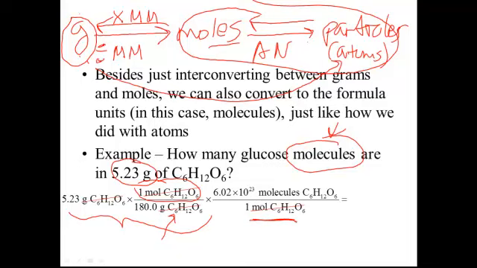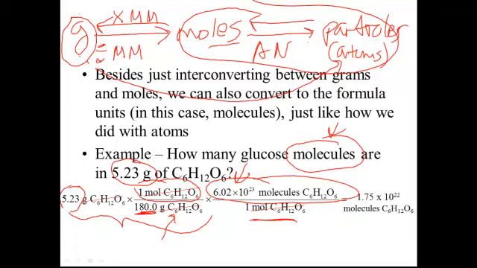Now a mole is equal to 6.02 times 10 to the 23rd, in this case, molecules. When we do our math, we take our first number, 5.23, divide by 180, and then multiply by 6.02 times 10 to the 23rd. If you've done it correctly, that's the answer you should come up with, 1.75 times 10 to the 22nd molecules.